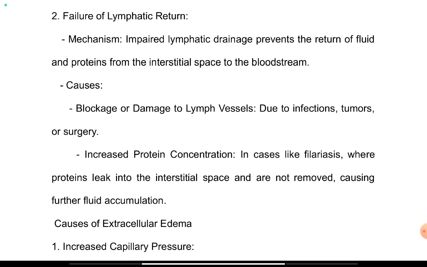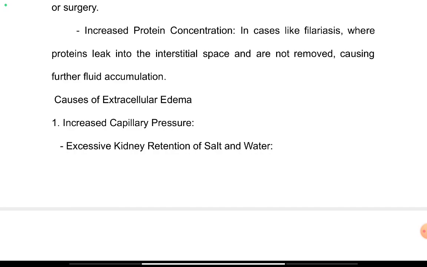You will see that the lymphatic vessels in the legs are blocked, so the leg becomes as big as an elephant's leg. In men, that can also lead to hydrocele, where there will be fluid accumulation in the scrotum. So all these things are a result of what? Lymphatic blockage or removal of what? Lymphatic vessels.